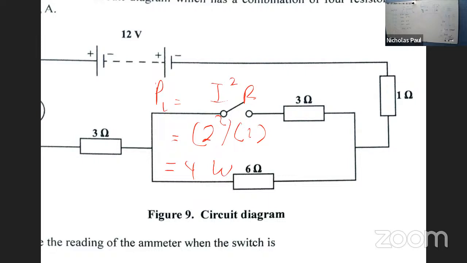We got 2, and we just calculated it, remember? Remember the current that we worked out was 2. I think the resistance was 6, so there was 12 divided by 6 and we got 2.